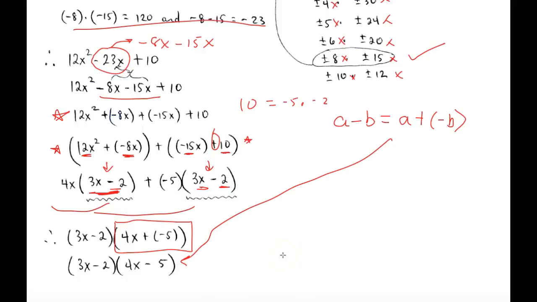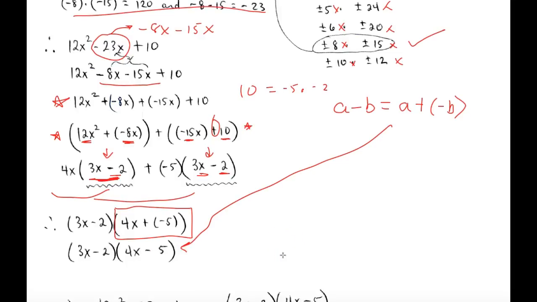Now, this seems a little longer than the trial and error method, but the thing that you have to remember here is that we just do the thinking up front, and then everything else is following the process, okay? Whereas with the trial and error method, we have to do a whole lot of thinking along the whole way. So we have to do a lot of this trying stuff out.